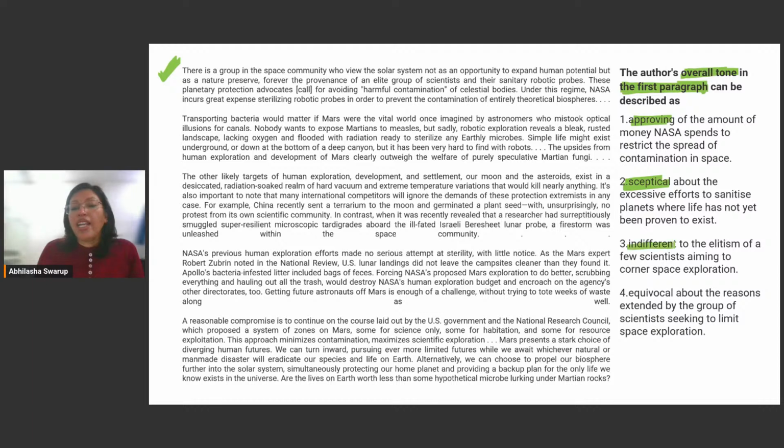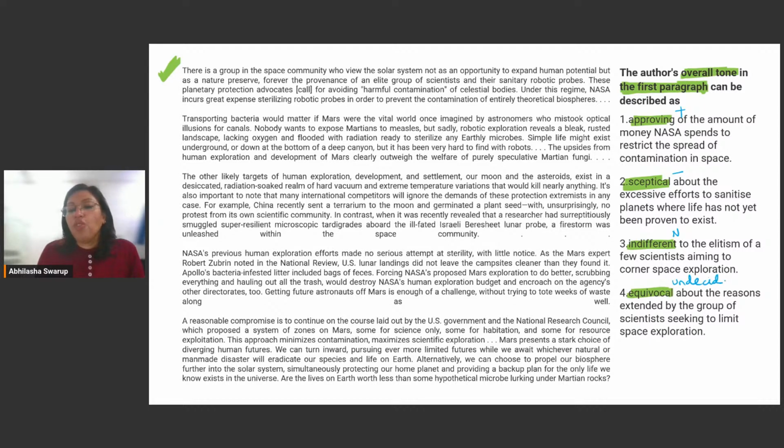Is he indifferent, he doesn't care, to the elitism of the few scientists aiming to corner space exploration? Or is he equivocal, that means he's undecided? So now the question is so beautiful. This is such a lovely tone question. It's asking if the author is positive about it, negative, neutral, or undecided.